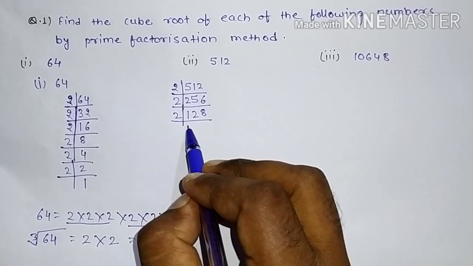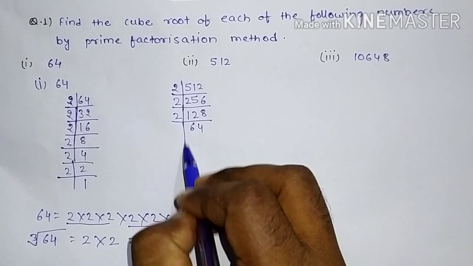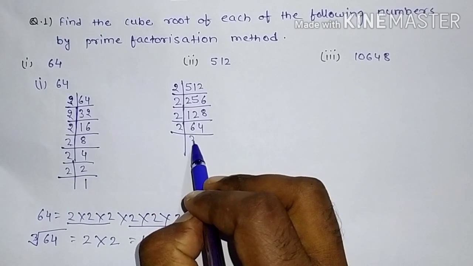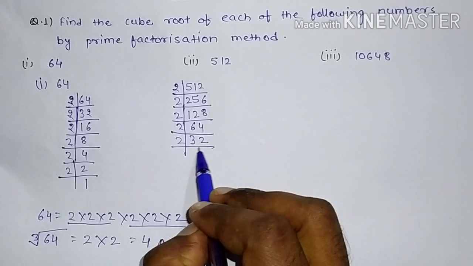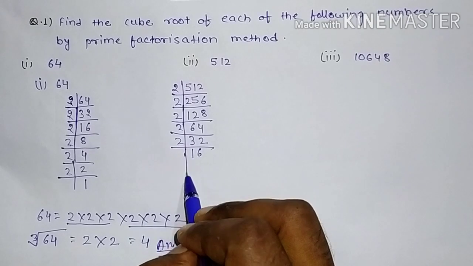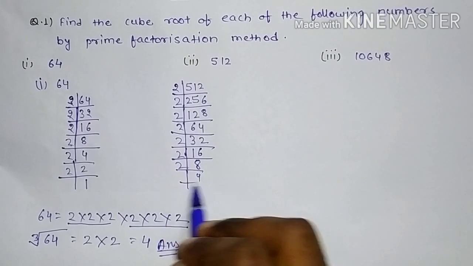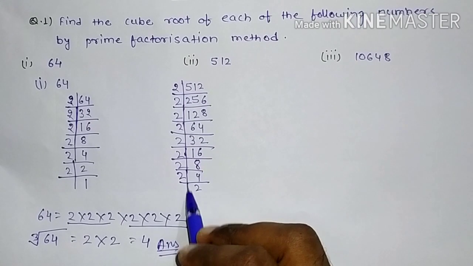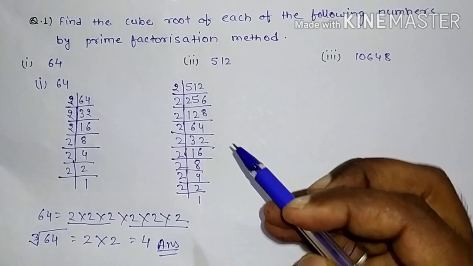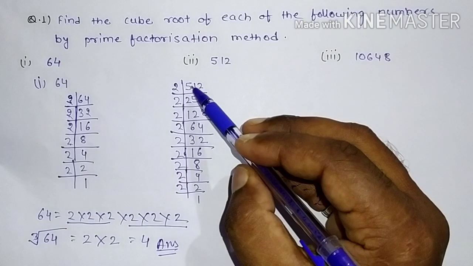Again take 2 here, 2 6 are 12, 2 4 are 8, 2 3 are 6, 2 2 are 4, 2 1 are 2, 2 6 are 12, 2 8 are 16, and 2 4 are 8. Again 2, 2 2 are 4, and 2 1 are 2. Now these are the factors of 512.